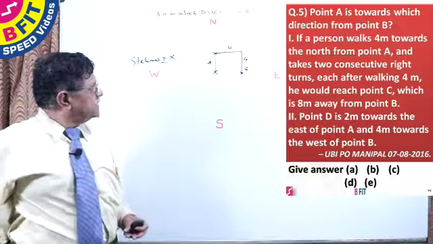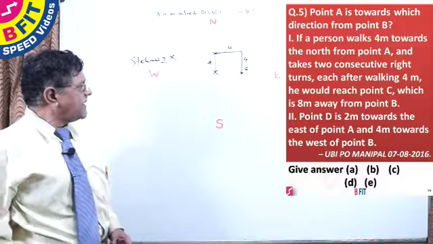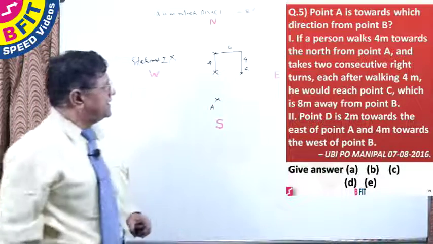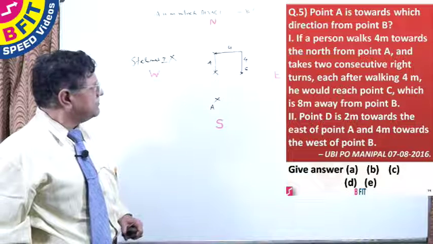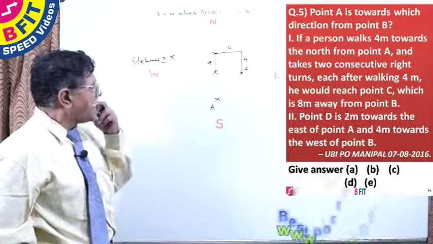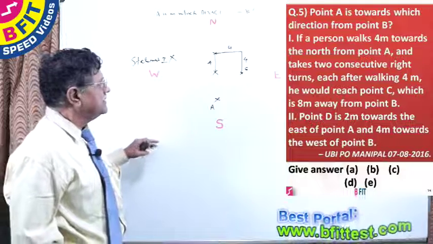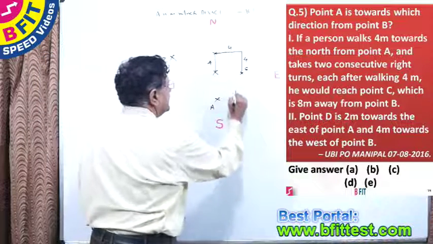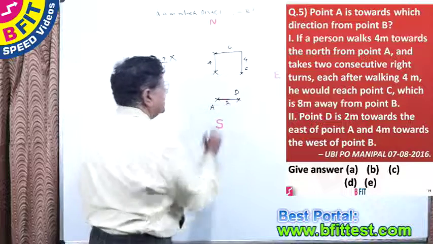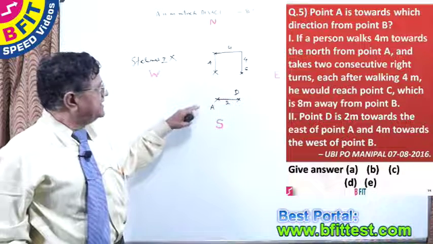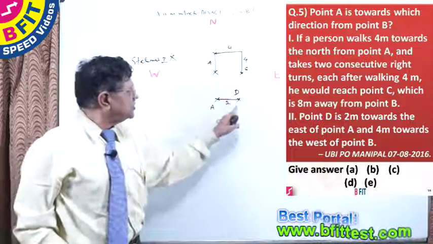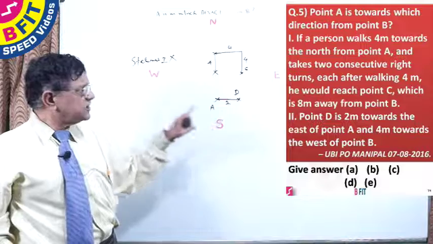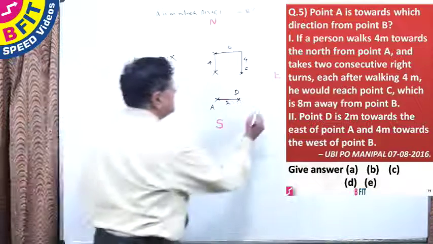Point D is 2 meters towards the east of point A. Let this be point A. So this is point D. D is towards the east of A, and 4 meters towards the west of point B. Therefore, point B should be here.